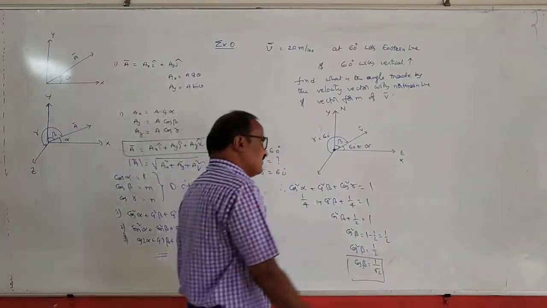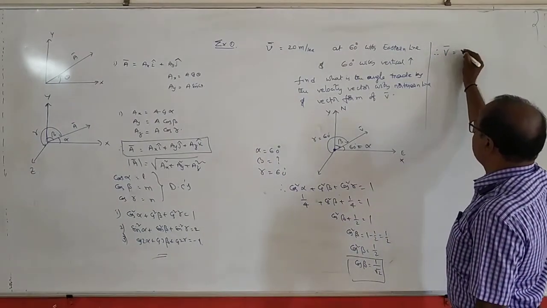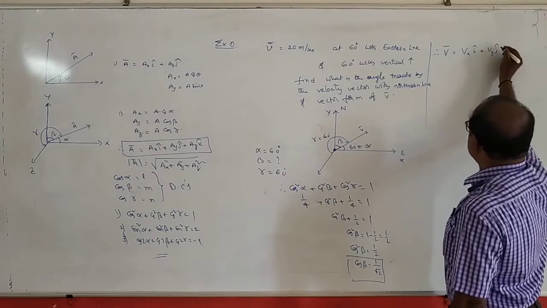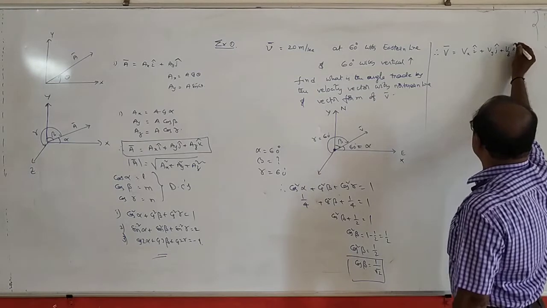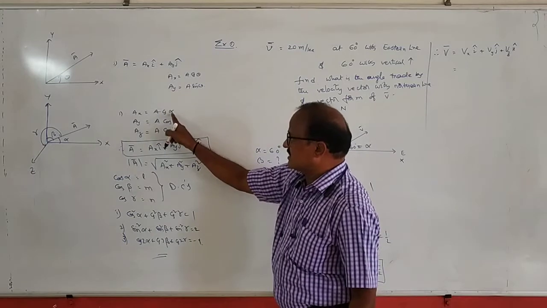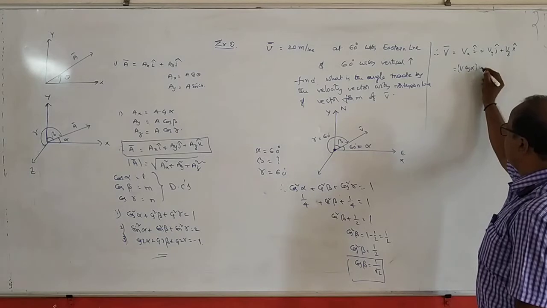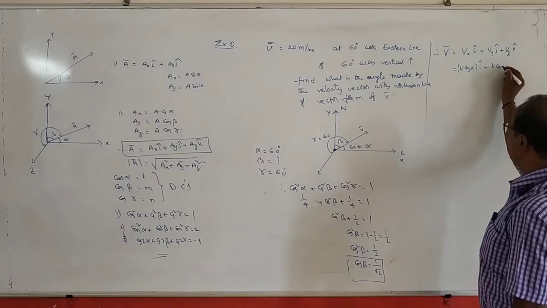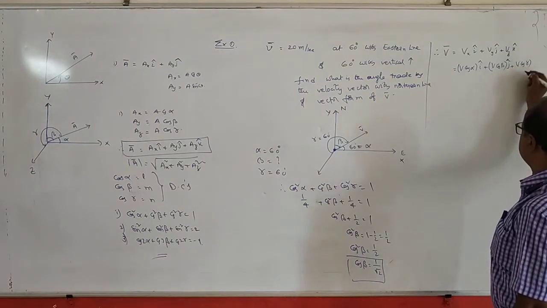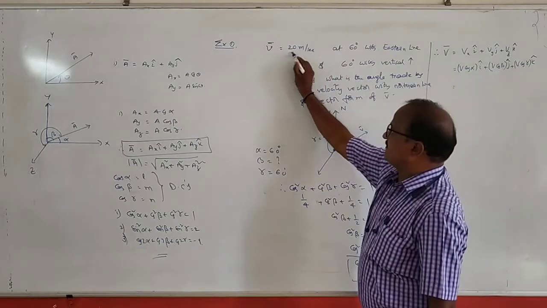Then the vector form of the velocity vector can be represented by v bar equal to Vx i cap plus Vy j cap plus Vz k cap. Similar to Ax equal to a cos alpha, Vx is v cos alpha i cap plus v cos beta j cap plus v cos gamma k cap. The magnitude of velocity is 20 meter per second.